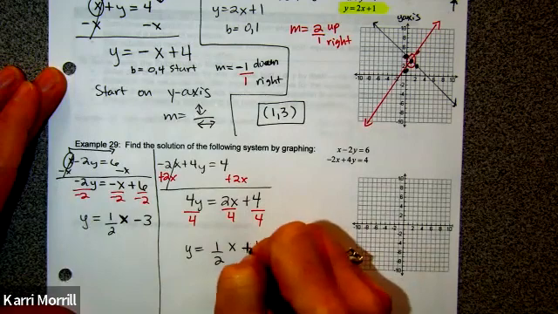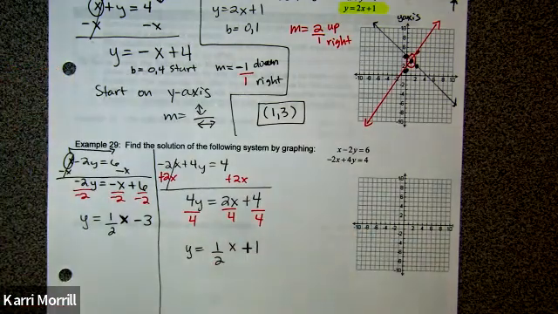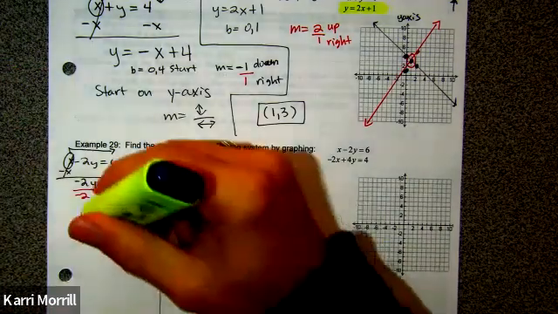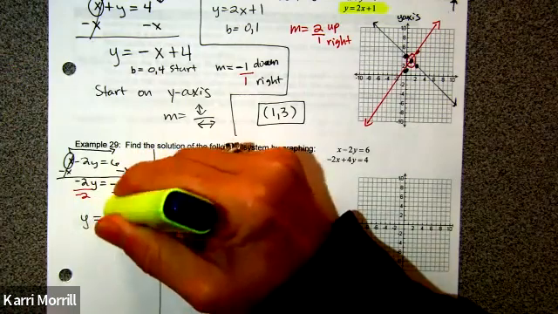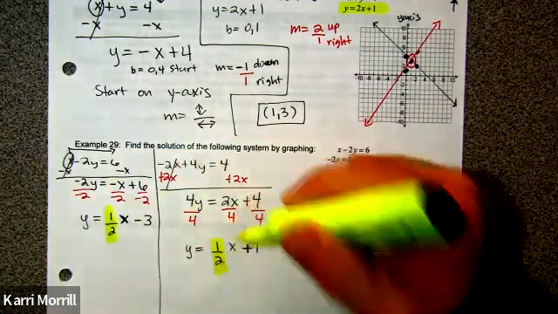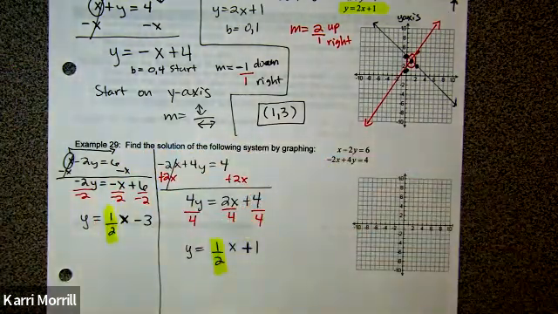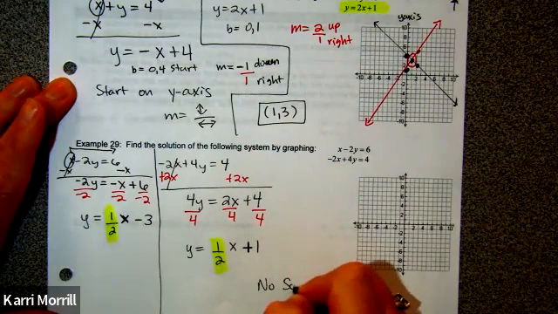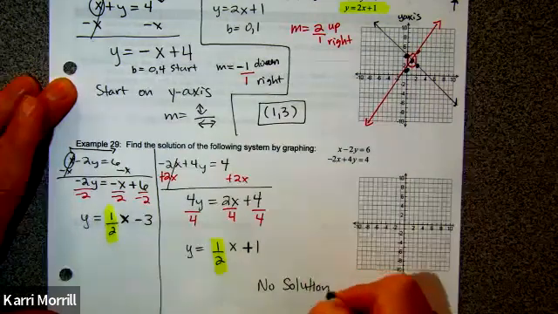For those of you that caught on to the quick lecture about parallel lines that we just had, do these two things have the same slope? Yes. So they're never ever going to intersect. Without even graphing this, we can tell that there's going to be no solution, but let's graph it because it tells us to.